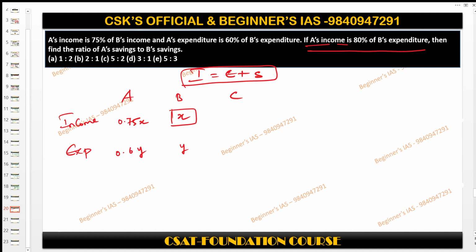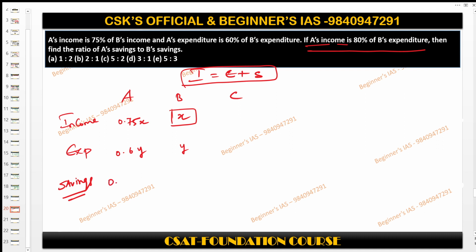So my question is, what is the saving of each person? Savings is equal to what? Income minus expenditure.